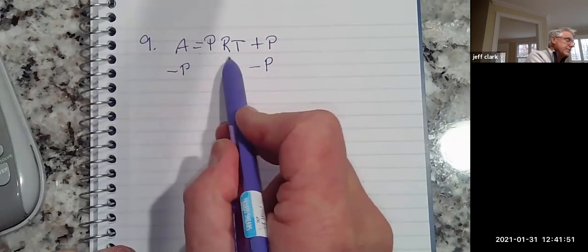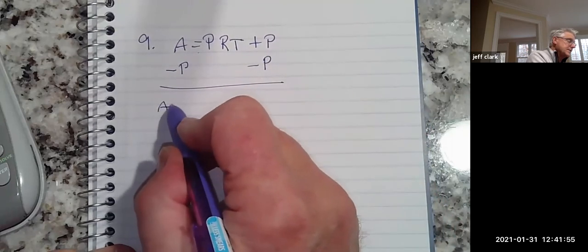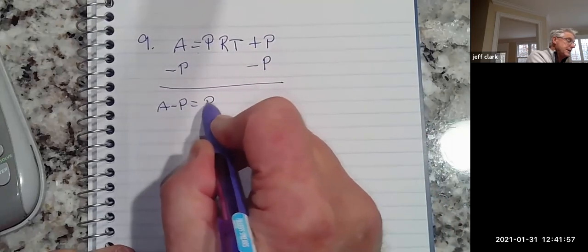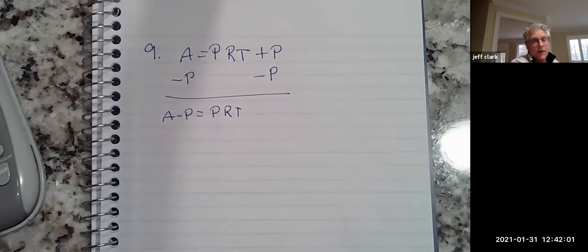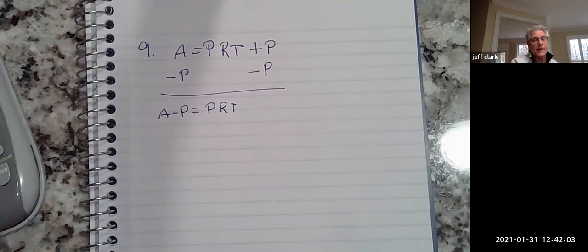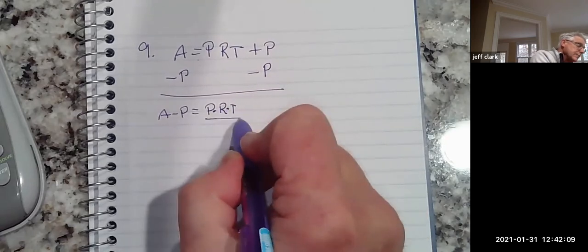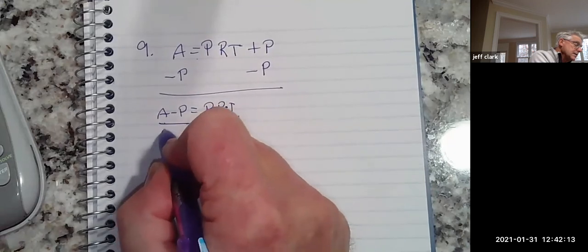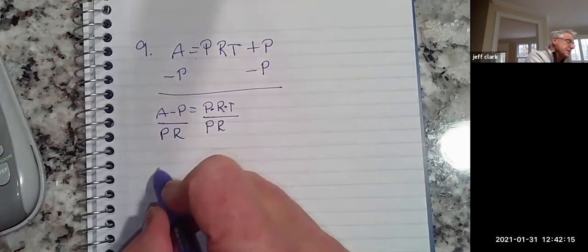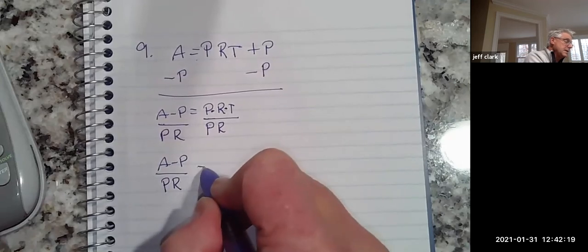You don't subtract it from both those pieces, just one piece. So I'm left with A subtract P is equal to PRT. And now I'm asked to get the T by itself. So this is multiplication, divide both sides by the P and the R. So I have A subtract P over PR equals T.